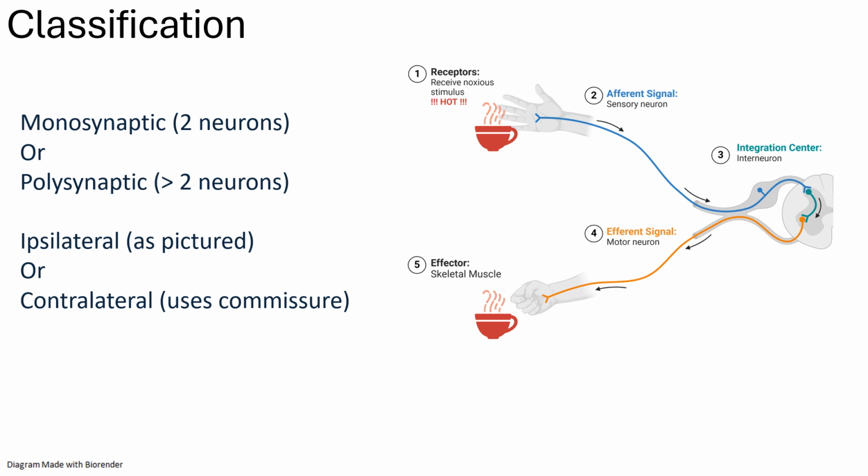In contrast to that, there are contralateral spinal reflexes where the white matter decusses across one of the commissures of the spinal cord, bringing information to the other side of the body. So it is possible to experience a stimulus on the left side of your body and evoke an effector that's on the right side.